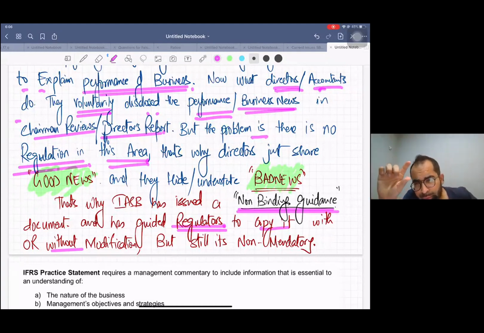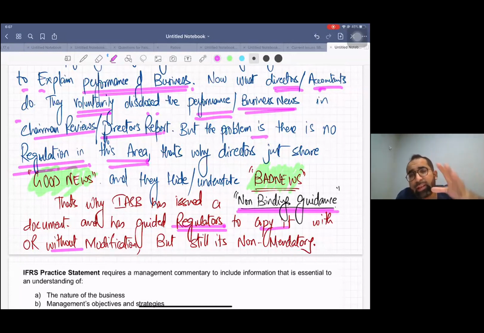And if you want to modify it, do a little modification and then apply it, because there are many things which local law can impose. Why? Because local law knows the problems of the country very well. I think Pakistani people know the problems of Pakistan very well as compared to the International Accounting Standards Board.